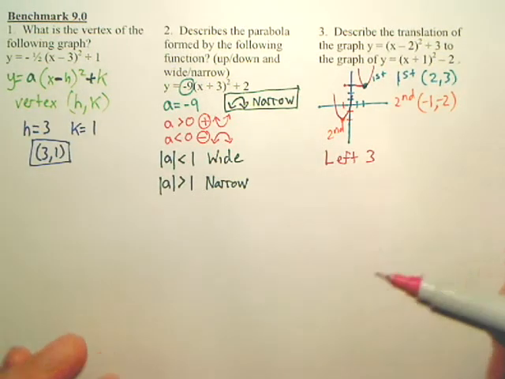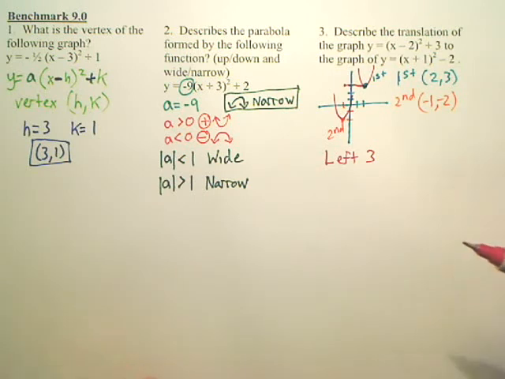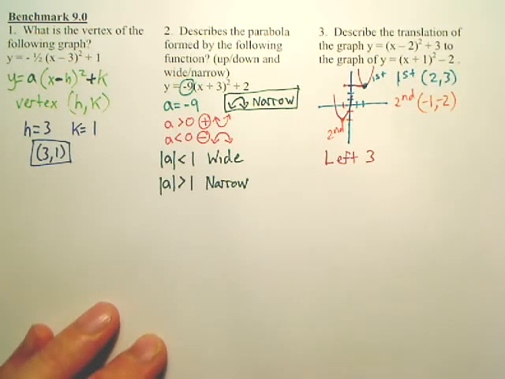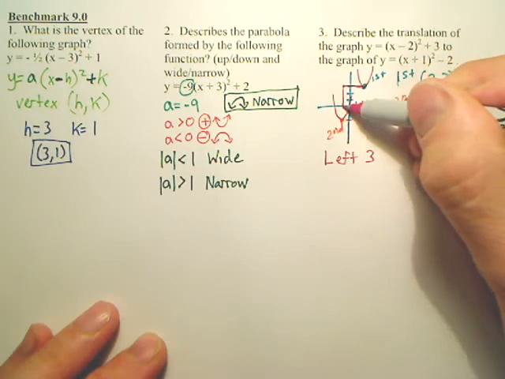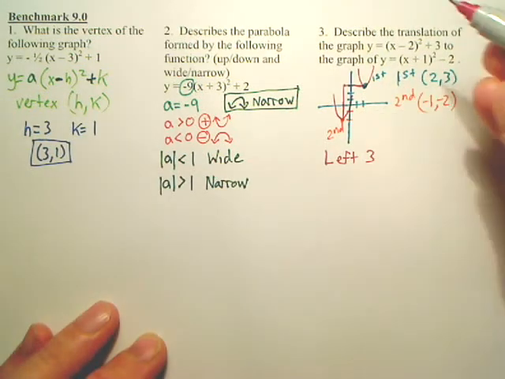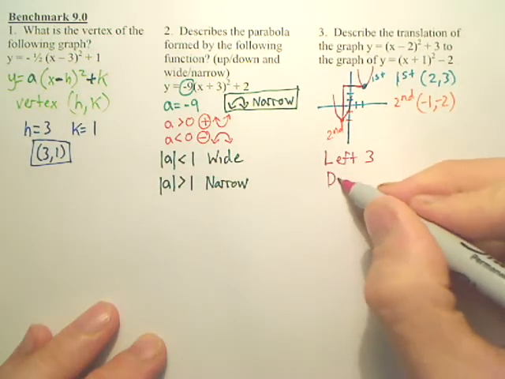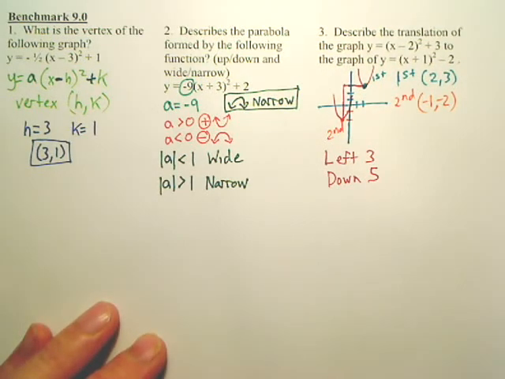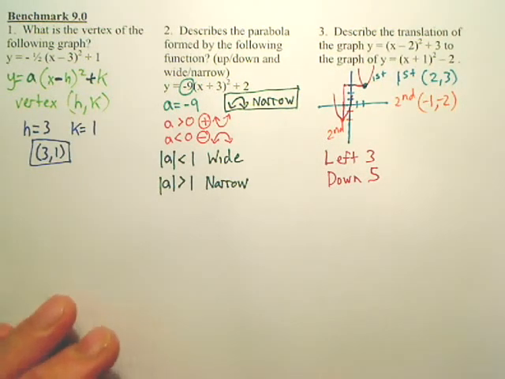You might want to reference your first and second equation, because people all the time go backwards, from the second to the first. Here's where you're starting. You're going left 3, and then you're going down how far? 5. Down 5? Is that right? That's it.